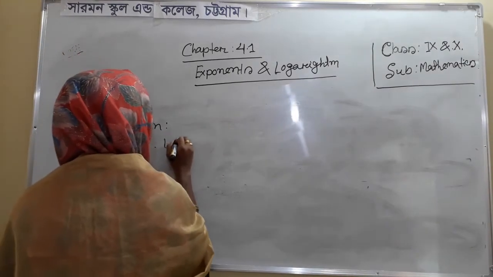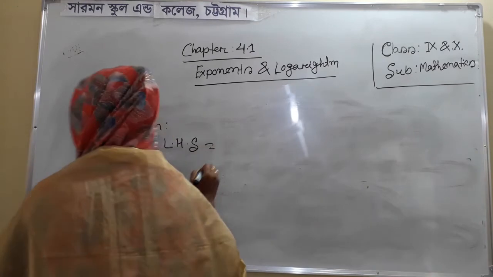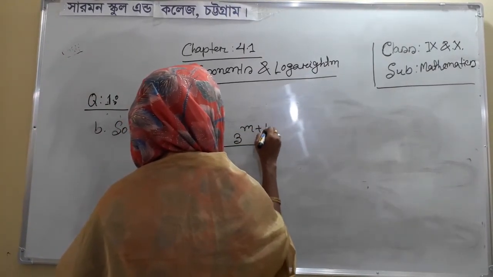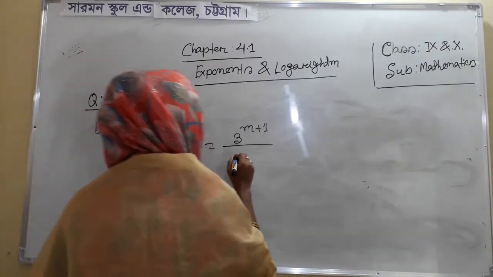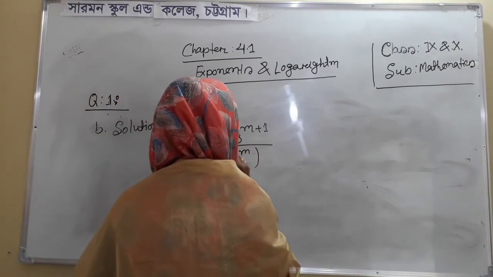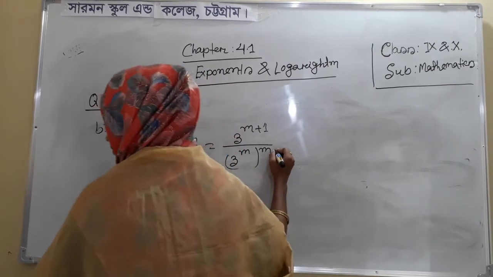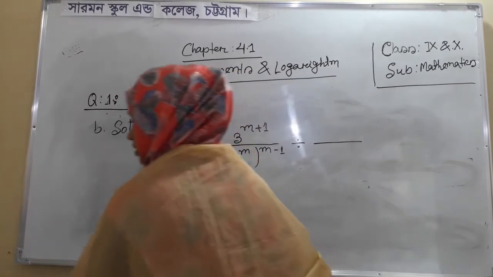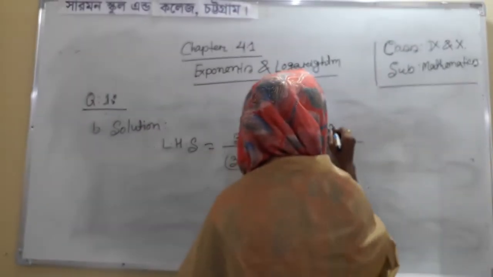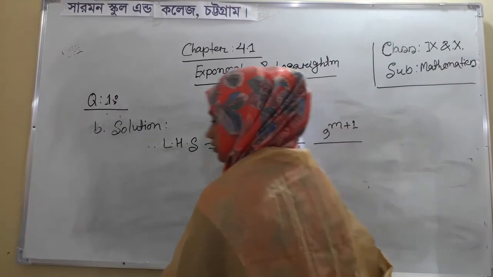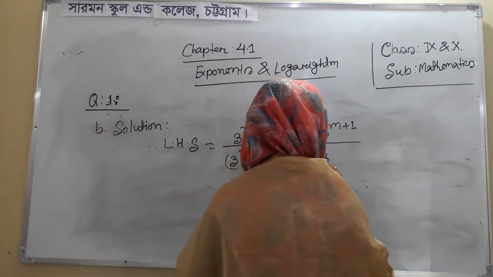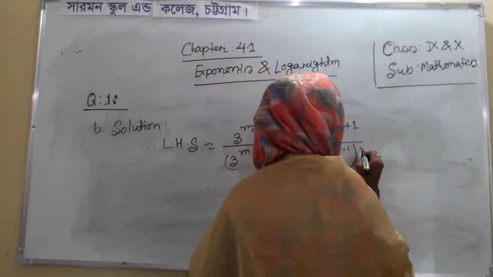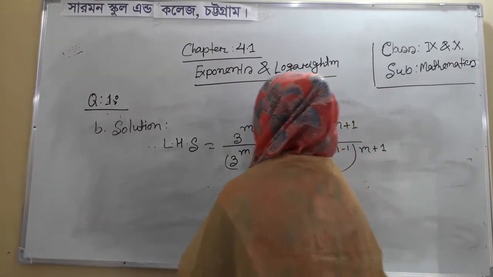So left hand side equals 3 to the power m plus 1 divided by 3 to the power m whole to the power m minus 1 divided by 9 to the power m plus 1 divided by 3 to the power m minus 1 whole to the power m plus 1.